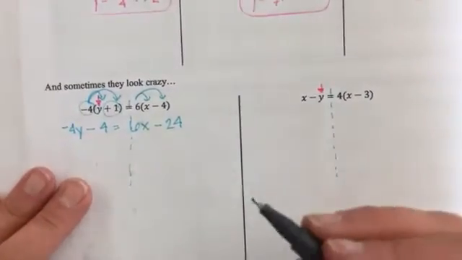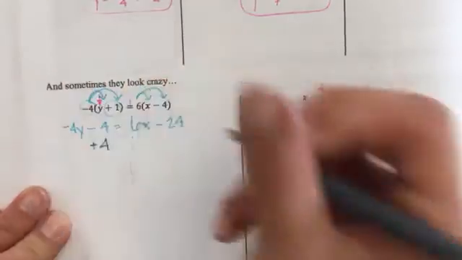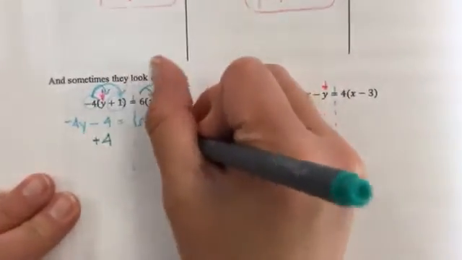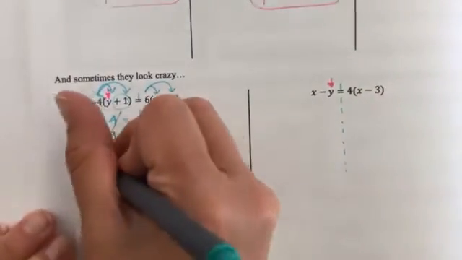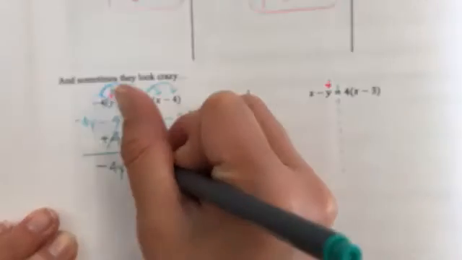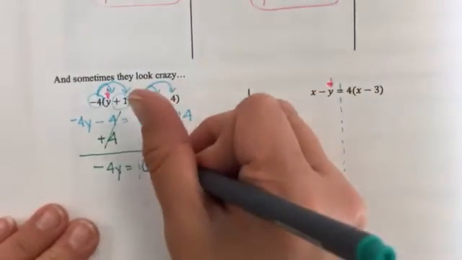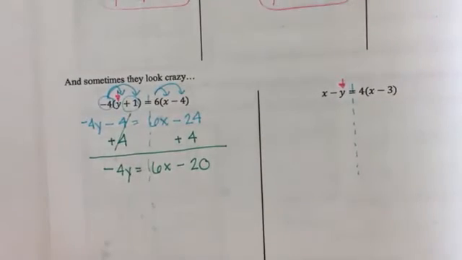The first thing that I can do is I can add that 4 to the other side because I want to get the y by itself. Now this time I do have something to add the 4 to because -24 and 4 can go together. So -24 and a +4 is going to give you a -20. Remember, you can use calculators if you're uncomfortable with that.